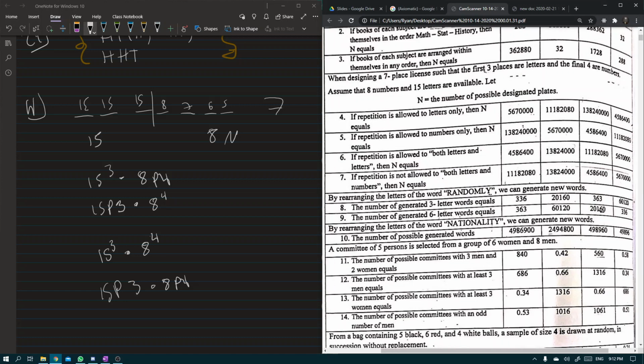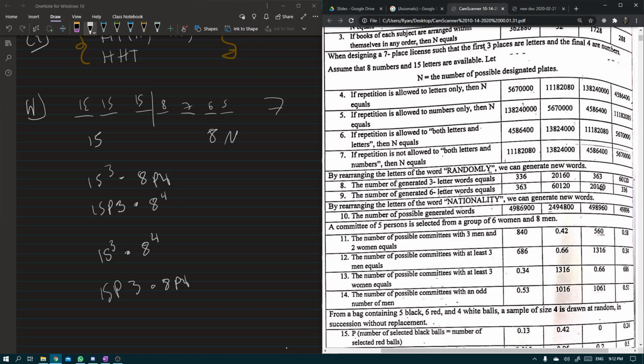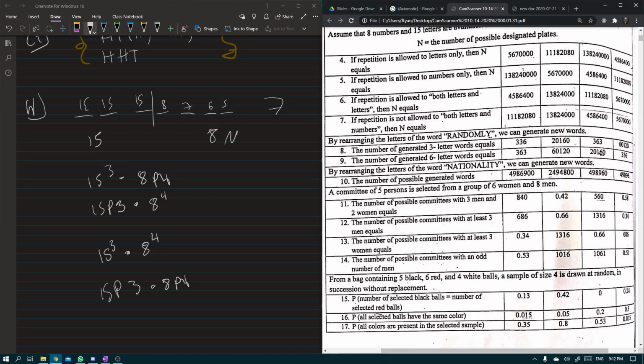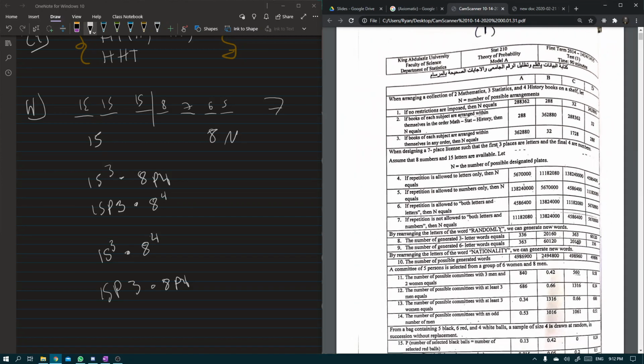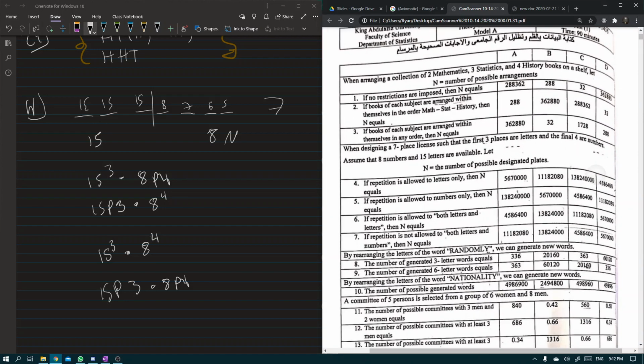Next, easy. Okay, it doesn't have any repeating words, and the rest are easy, I think. No restrictions. Let's solve the 3 letters word. Question 8.